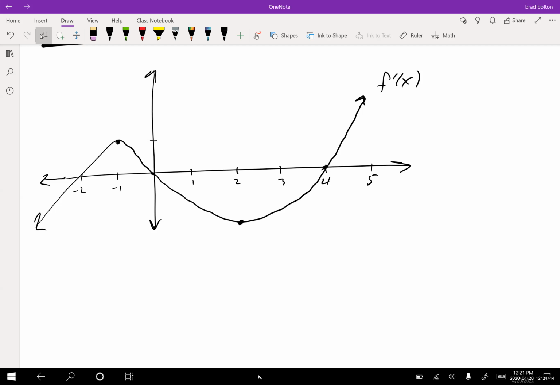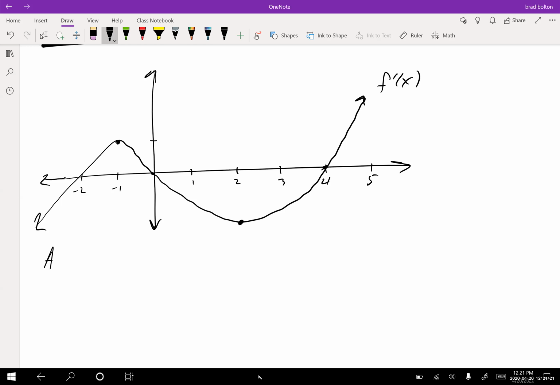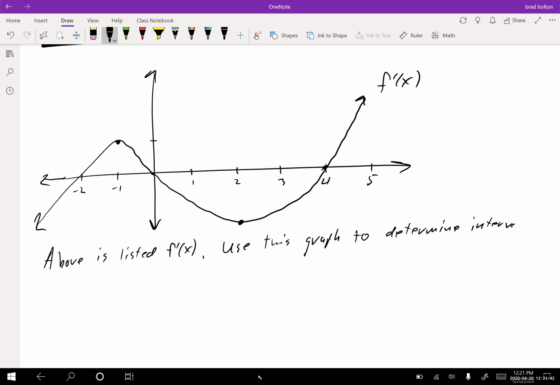And I would like to know, so below or above is listed, use this graph to determine intervals of increase/decrease of plain f of x, not f prime, but regular f of x, the function, and local max.